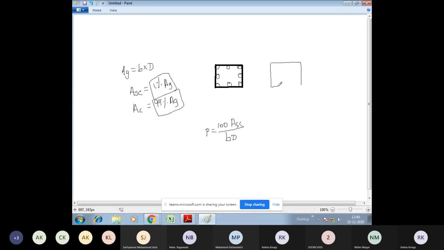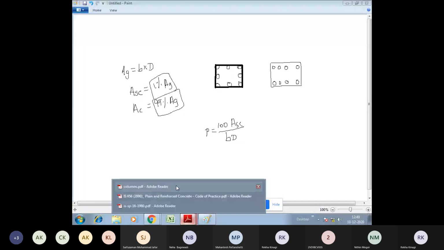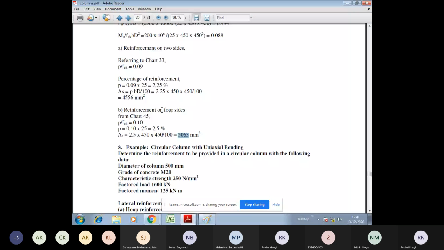This is a rectangular column. Here we can say that the bars are to be provided on two sides like this. So how many bars can we find out? What is the total steel for two sides? That is 4556.